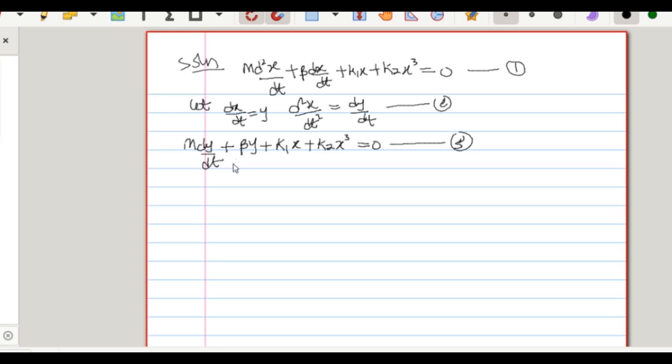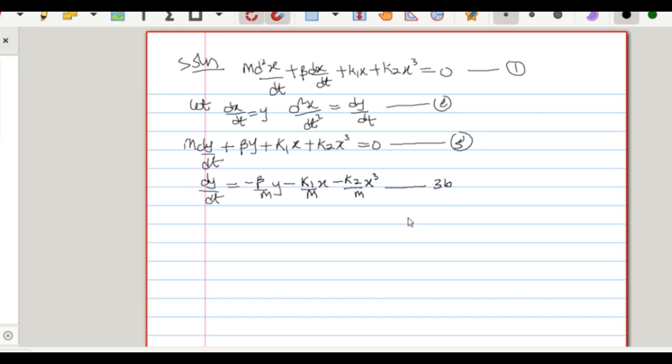But then let's make dy dt the subject of the formula. We're going to have dy dt equal to minus beta over m of y minus k1 over m of x minus k2 over m of x to the power of 3. Let's call this equation 3b.